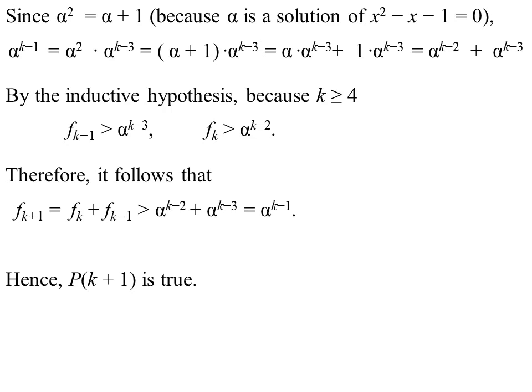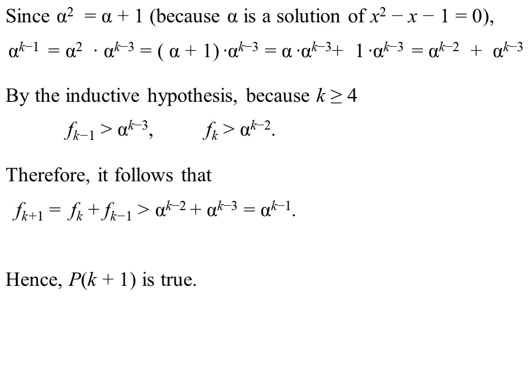Alpha to the power of k minus 1 can be expressed as alpha square into alpha to the power of k minus 3. Now alpha square can be substituted with alpha plus 1. Hence it becomes alpha plus 1 into alpha to the power of k minus 3.